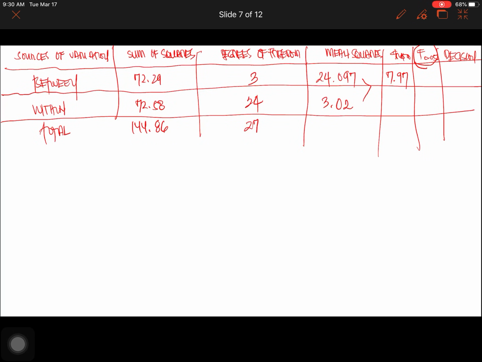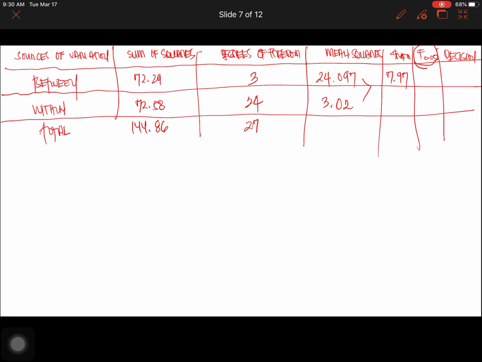So, as you can see there, we have 2 entries per cell. The upper entry is the tabular value or the critical value at 0.05, and the lower entry is the critical value of F at 0.01. So what we need is F at 0.05.